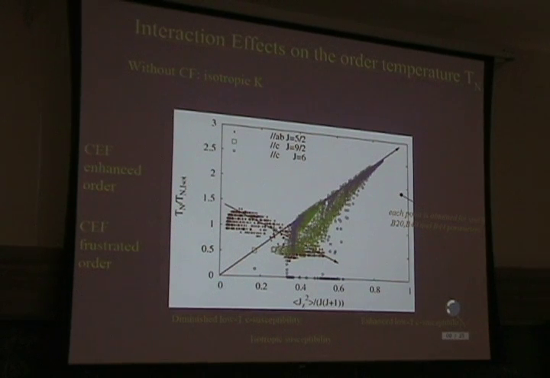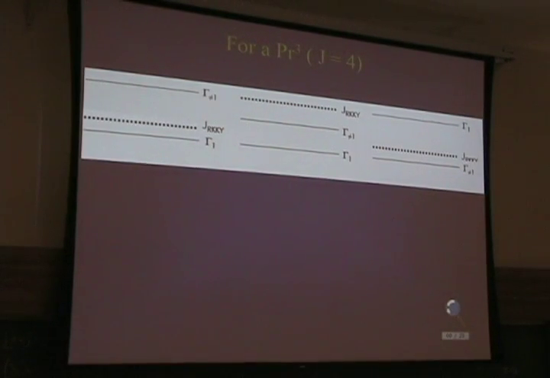So when the system orders along the z-axis and your ground state has the appropriate symmetry that gives you a likeliness to be ordered along the z-axis, that mechanism enhances T_N. For cerium, even though you have the likeliness to order along the z-axis, the moments are ordered in the plane by competition between the different crystal field ground states. So that gives you, in a very simple picture, a frustration mechanism driven by crystal fields.